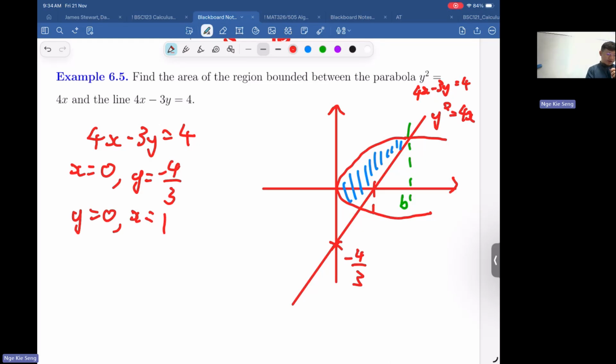Okay. But then you need a function in y, right? So this part here, how do you describe this part here in y, with y in terms of x? Can you write this part as y equal to something?